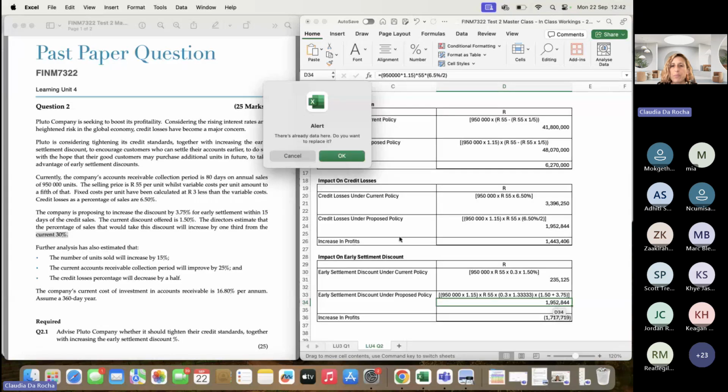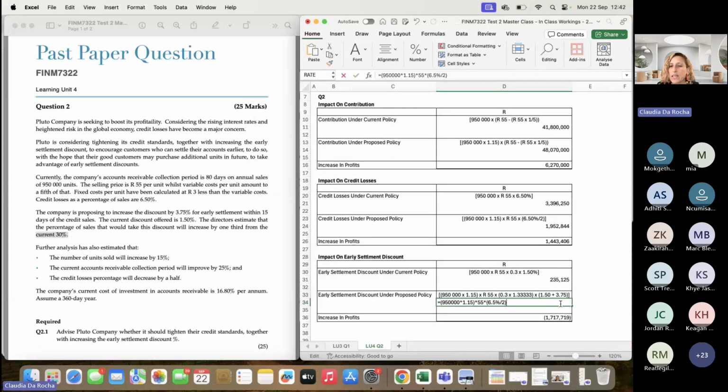Okay, so how do we calculate that, or what's the answer that we should get? Yes, we should get 1261837.